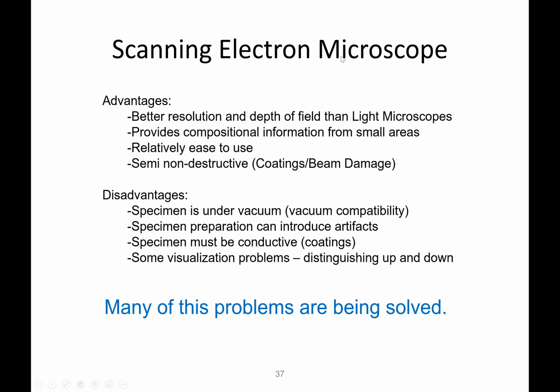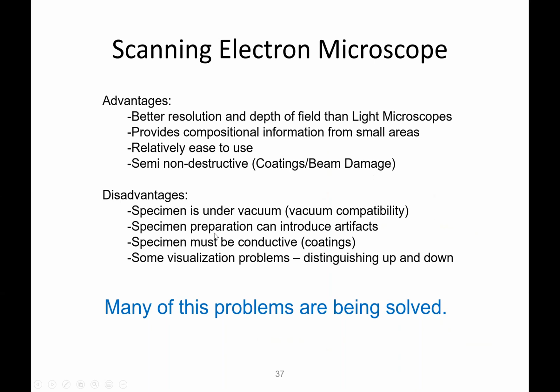So this scanning electron microscope has much better resolution and depth of field than the light optical microscopes. And there are some issues. To get the image well, this system should normally be under high vacuum, and the surface should be conductive.